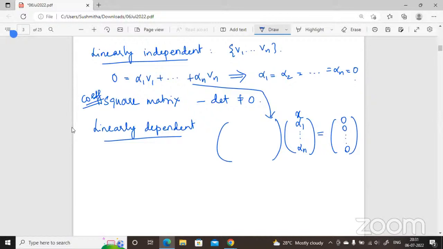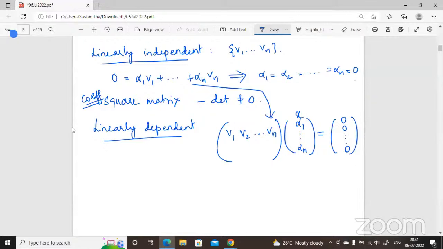The first column of the matrix is vector v1, because v1 has to be multiplied with alpha 1. So the coefficients of alpha 1 will be the first column, then v2, up to vn as columns. So you'll get it like this.